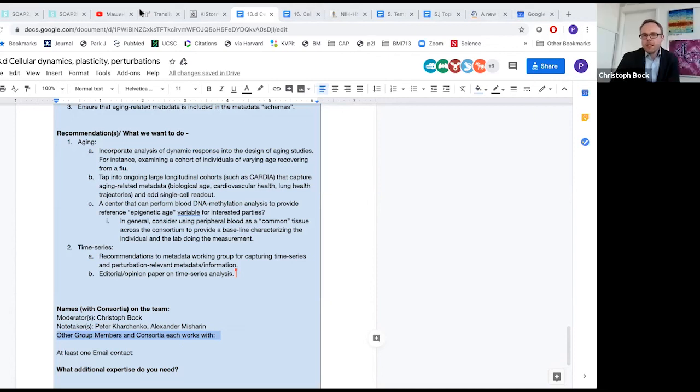Good, then in terms of really next steps, has anyone been involved in the metadata group in some relevant way?